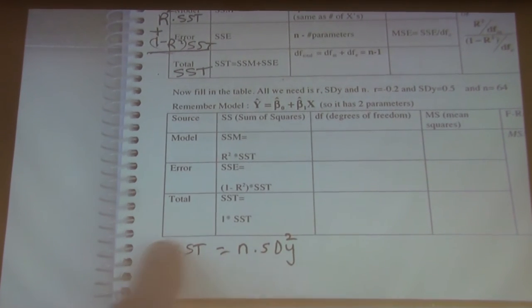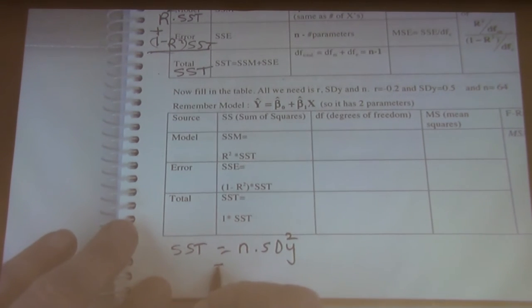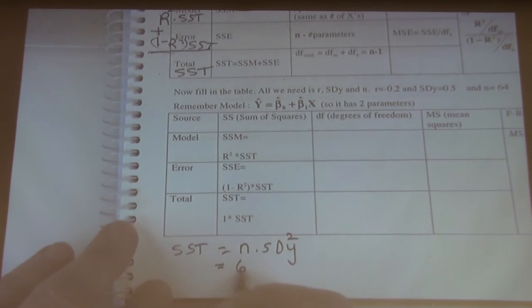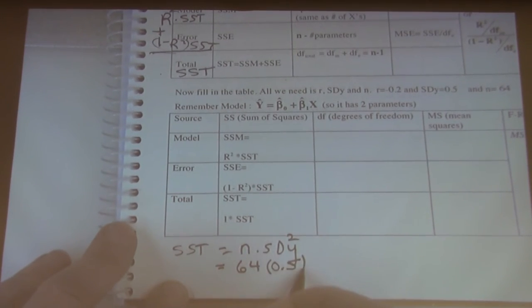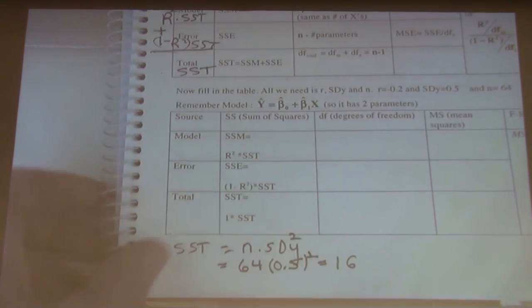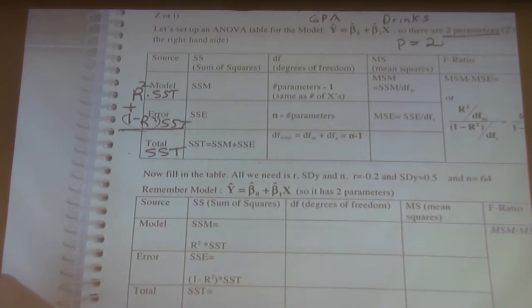That's just your sum of squares total. You take the mean of it and you get the variance, and then you take the square root. That's the same relationship we just talked about. So that's equal to 64 times 0.5 squared, which is a quarter of 64, so that's 16. So that goes right here. That's 16.